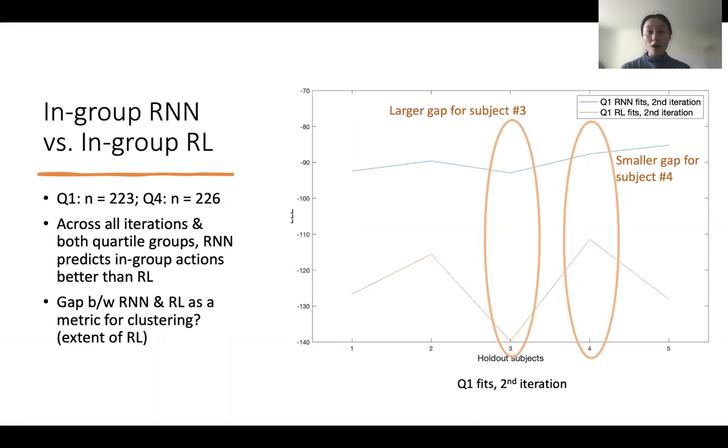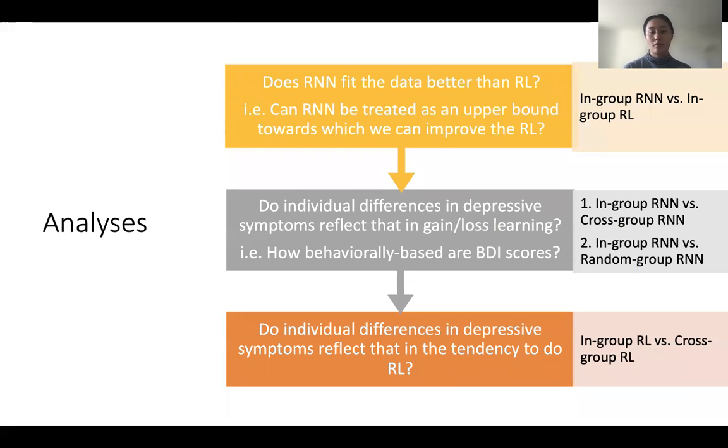And for all groups of subjects, regardless of what subjects you hold out, RNNs just do better than RL, which makes sense because an RNN with so many parameters should be able to model behavior better than RL. So we confirmed that for the first question, it is indeed the case that RNN fits the data better than RL.